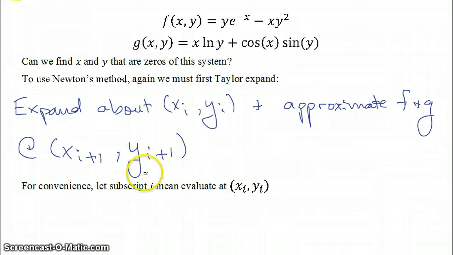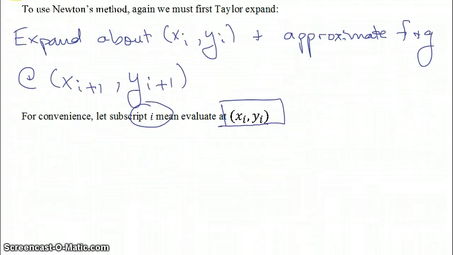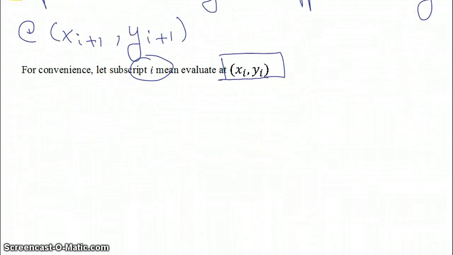And just for convenience, so I don't have to keep writing this ordered pair here, we're going to let the subscript i mean that we're going to evaluate at that ordered pair. So this is what it's going to look like when we Taylor expand. So we have f evaluated at xi plus 1, yi plus 1 is approximately equal to f evaluated at xi, yi plus, now remember, in a Taylor expansion in one variable, this is going to be a first derivative term.